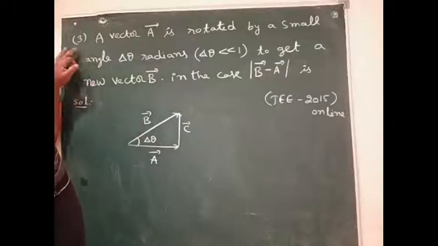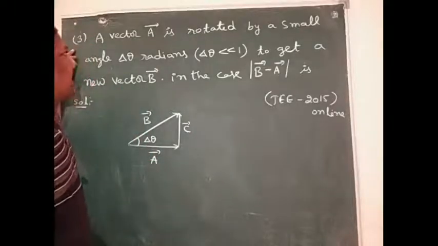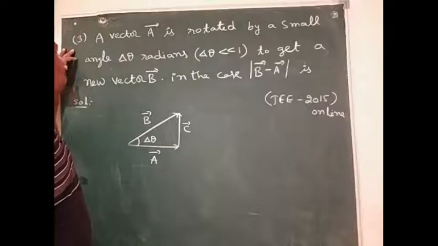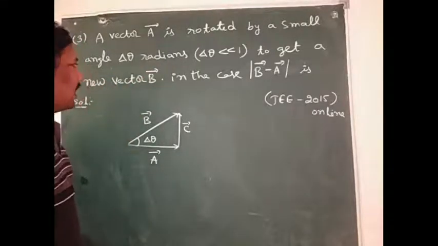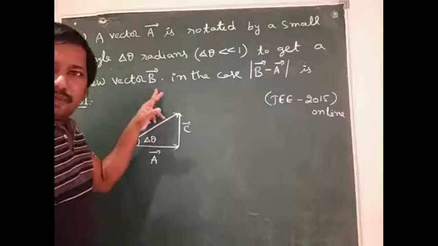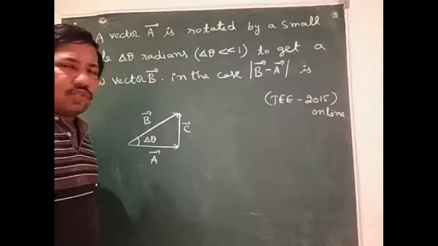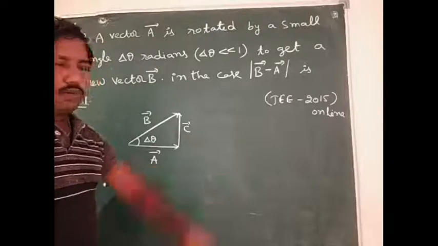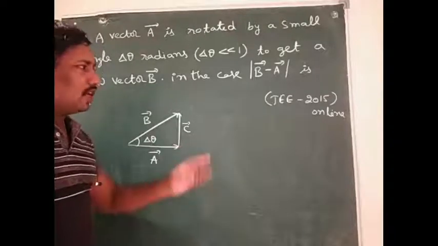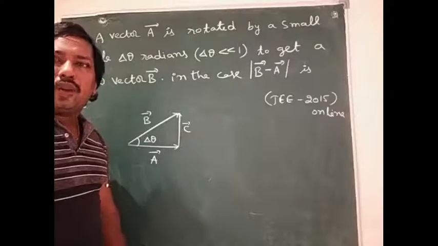Next, problem number 3. A vector a bar is rotated by a small angle delta theta radians to get a new vector b bar. Then the modulus of b bar minus a bar is, so this question was asked in JEE Mains 2015 online paper.